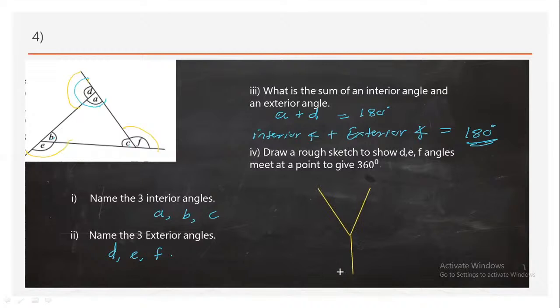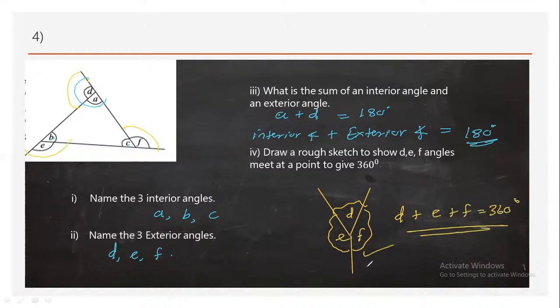Then it appears like this. This is D, this is E, this is F. So what will happen? This all adds up, D plus E plus F, to 360. We wanted to show this diagram, right?